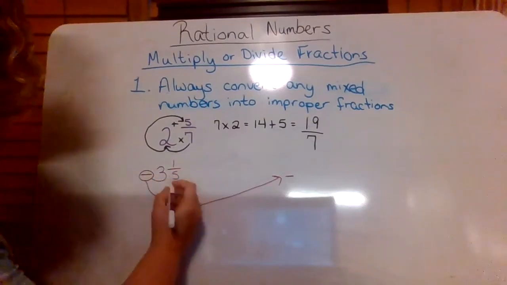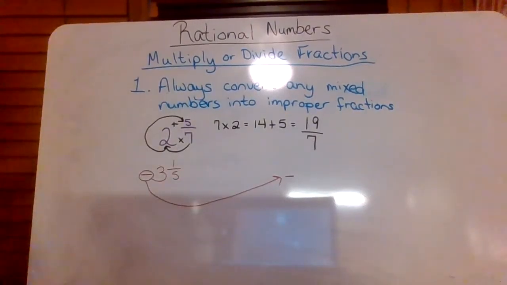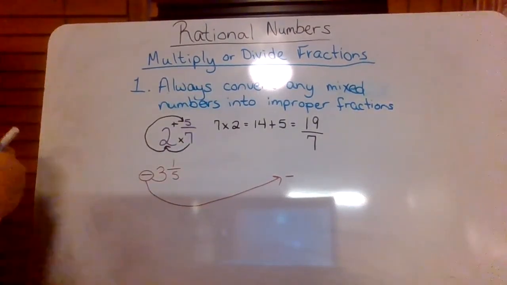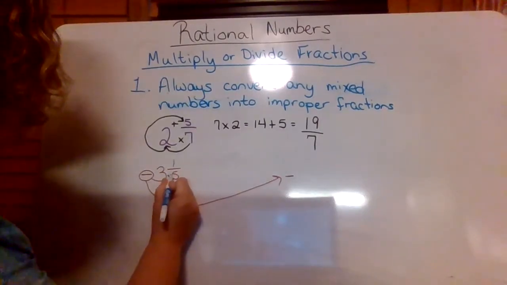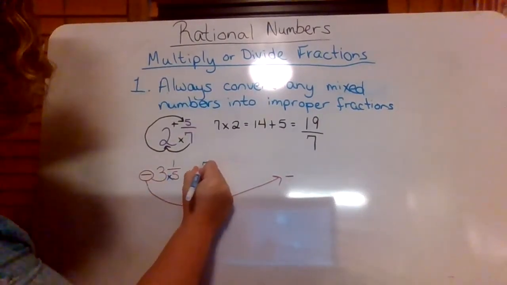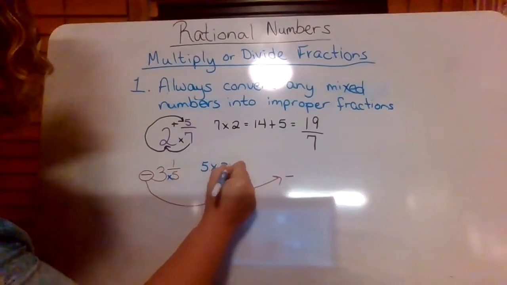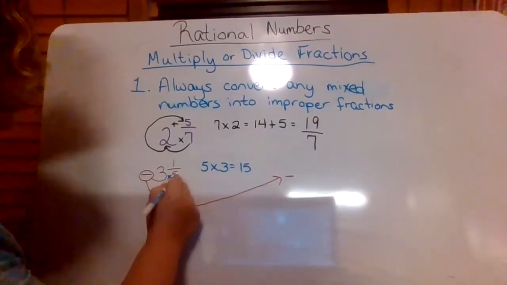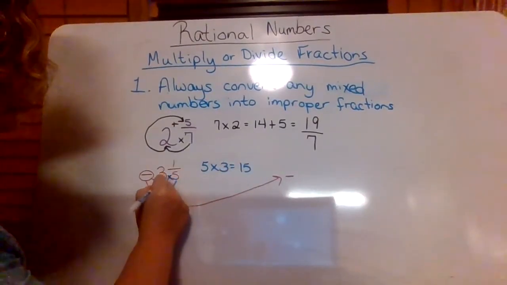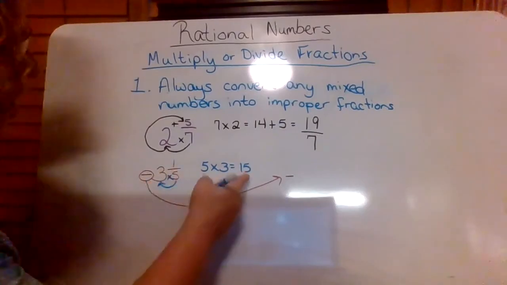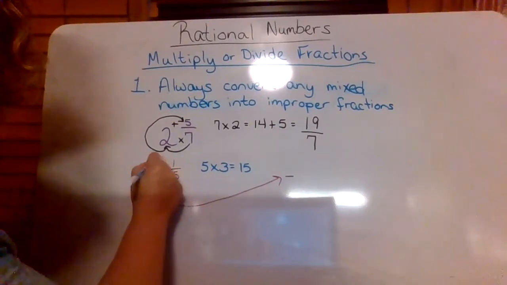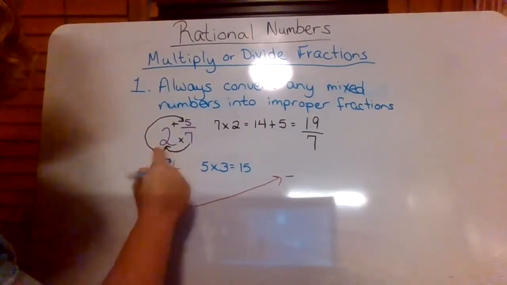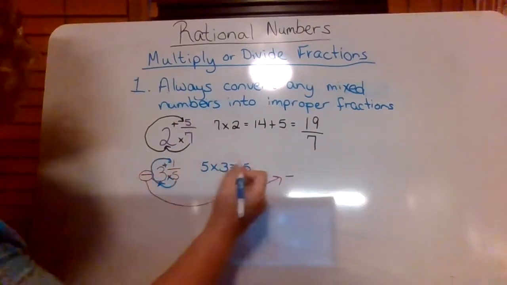So we're going to say, all right, so we've got 5 times 3, which is 15. So we're going to multiply these two. We get that product, which is 15. We're going to add it with the numerator, which is 1.